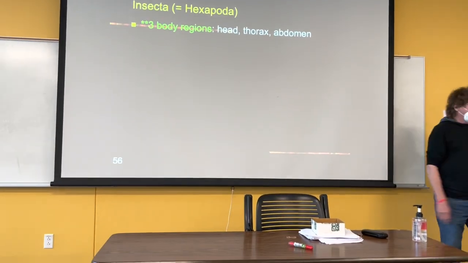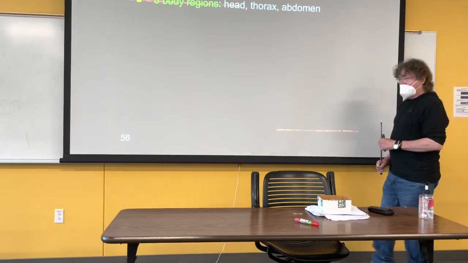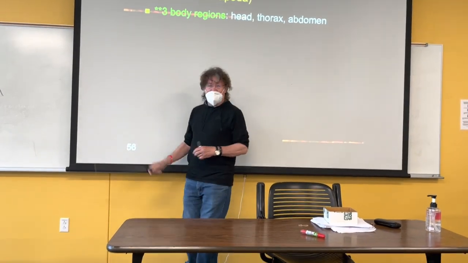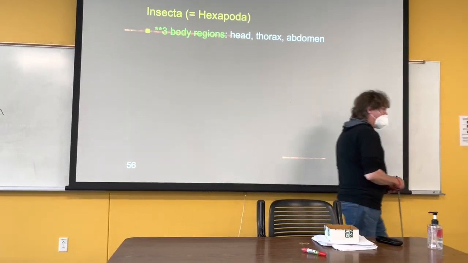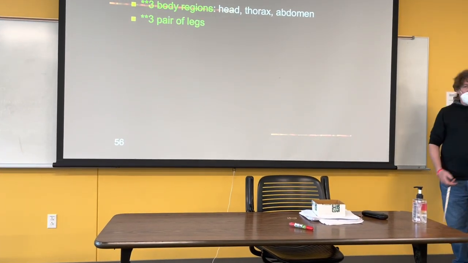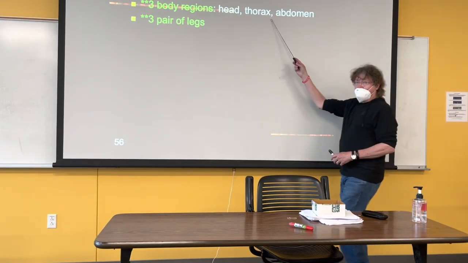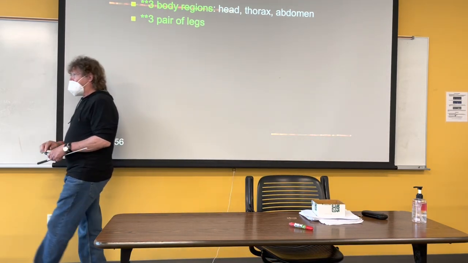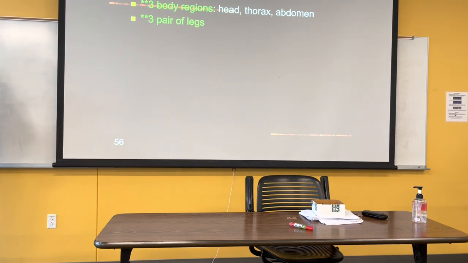Now with the insecta, this is monophyletic, okay? This is monophyletic, and having 3 tagma, head, thorax, abdomen, 3 pairs of legs, all on the thorax. So there is a prothorax, a mesothorax, and a metathorax, okay?